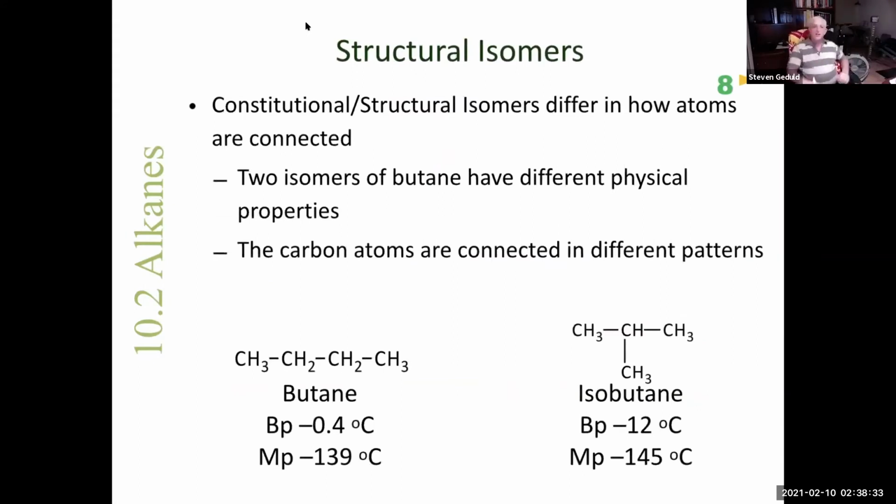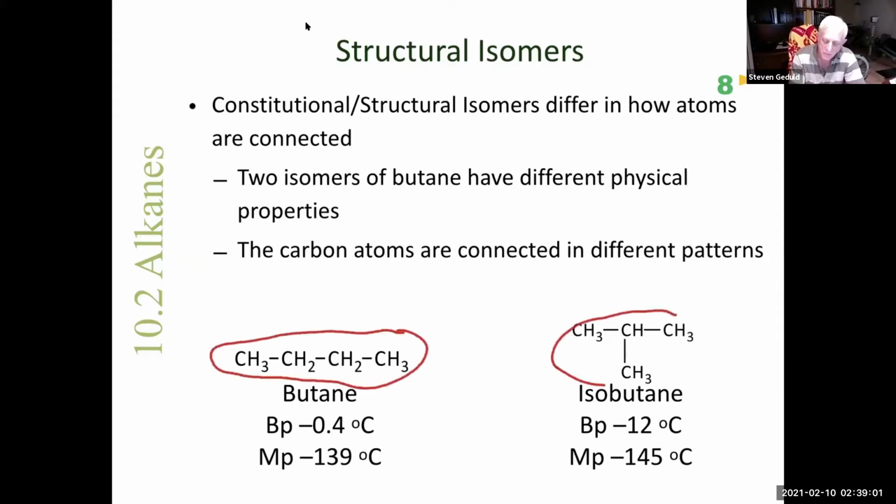Okay, so now we have structural isomers. We talked about isomers before. The same molecular formula, different structural formula. So you have the same number of carbons and hydrogens, but they have a different arrangement or a different IUPAC name. So let's do butane. Butane is 4 carbons all in a chain. Isobutane is an attachment of a carbon right in the middle of a 3 carbon chain.